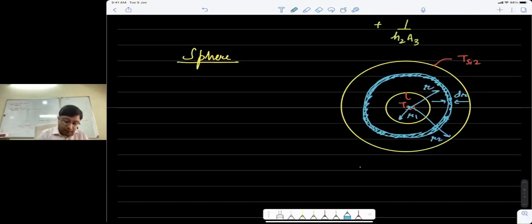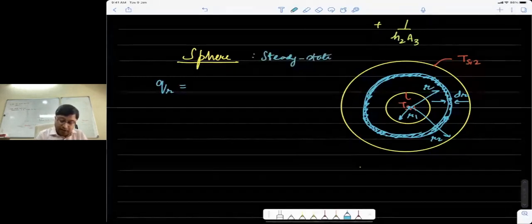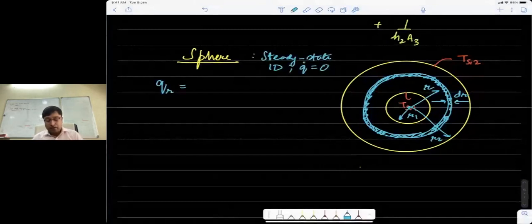So we can write what would be the heat flow through this shell. And we're doing this again at steady state. Needless to say, I've not gone to transient yet. And it's one-dimensional heat conduction with no heat generation, so Q dot is also 0. So Qr would be minus KA dT/dr. And what would be the area of this shell?